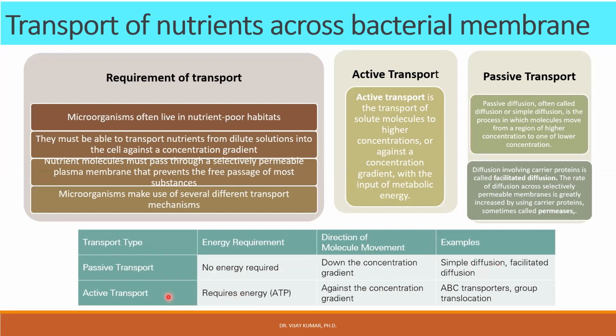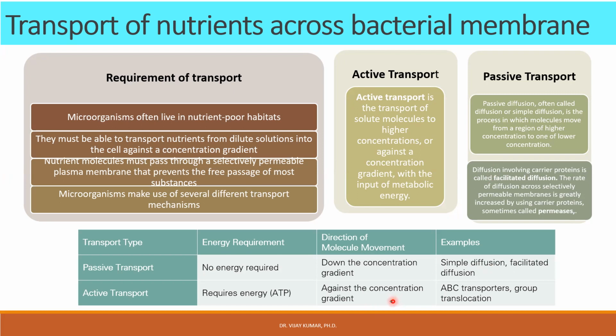But in case of active, where energy is required, it is against the concentration gradient, that is from lower concentration to higher concentration, because within the cell the components are required in high concentration, and outside the cell where the bacteria is growing, it mostly happens that those nutrients are in very low concentration or a very diluted form.